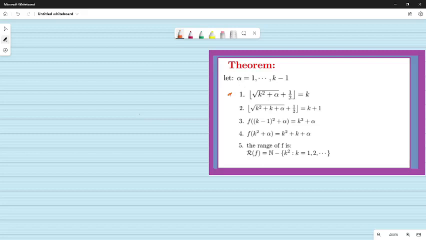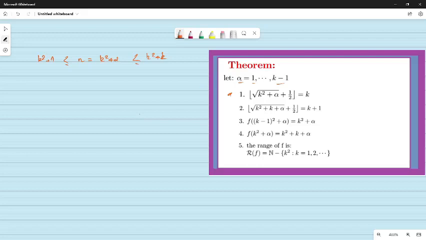Now let's pass to this theorem with the first assertion. This corresponds to the second case we have seen before. Just pose n equals k squared plus alpha, and this is between k squared plus 1 and k squared plus k, so we have alpha is between 1 and k minus 1.